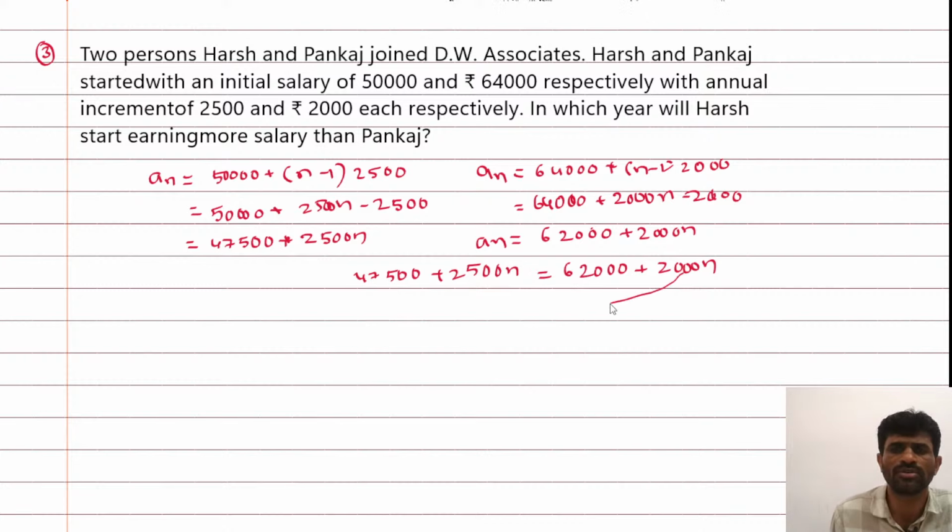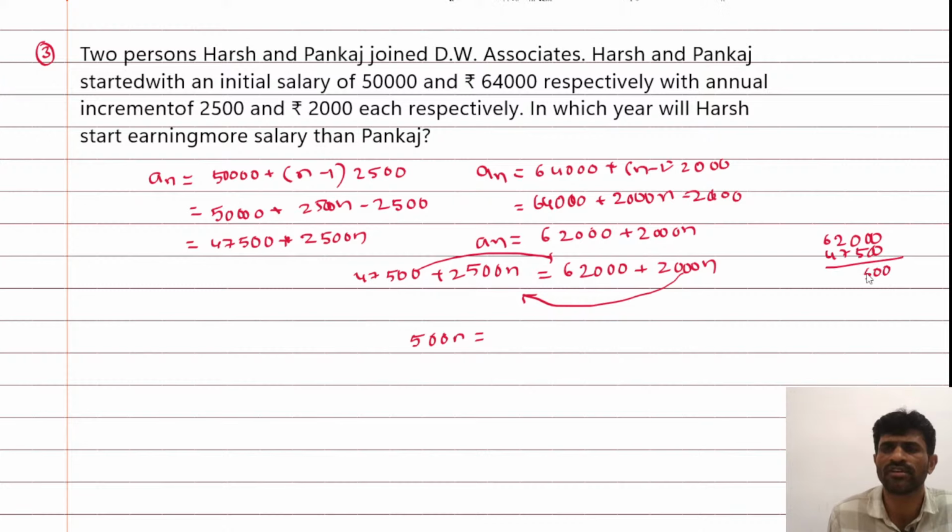Then what? 2,000 n we will transpose this side and 47,500 we transpose this side. And what we get? 2,500 n minus 2,000 n is equal to 62,000 minus 47,500. You should subtract.